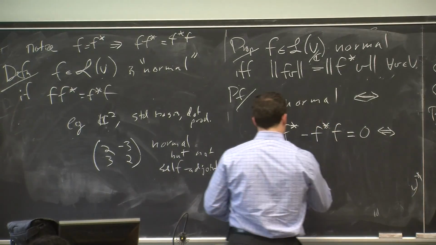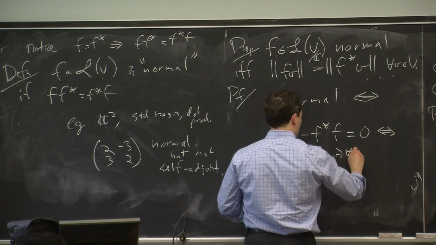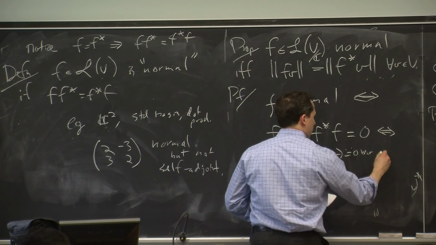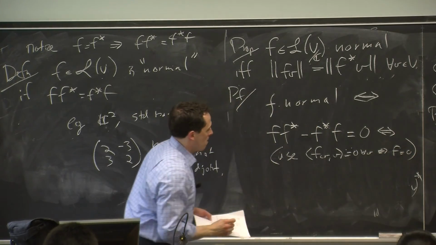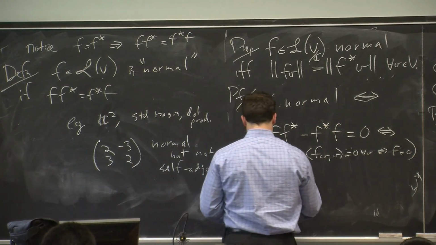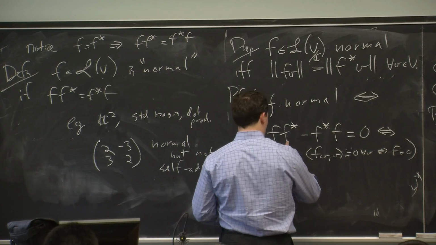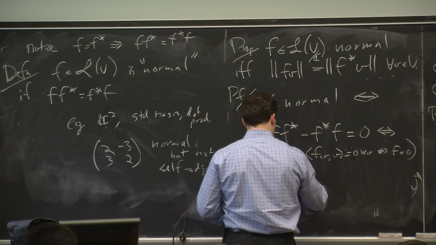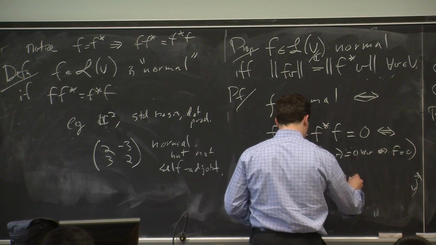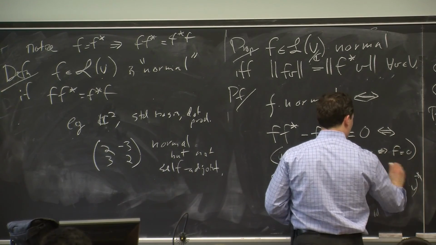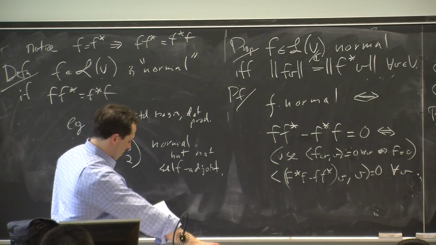Well, we can use the fact that over the complex numbers, the inner product being 0 for all v happens if and only if F is 0 over C, which implies that this is equivalent to, I can plug this thing now into an inner product, F star F minus F star applied to v, inner product with v equals 0 for all v. So that's an equivalent condition, at least over a complex vector space.